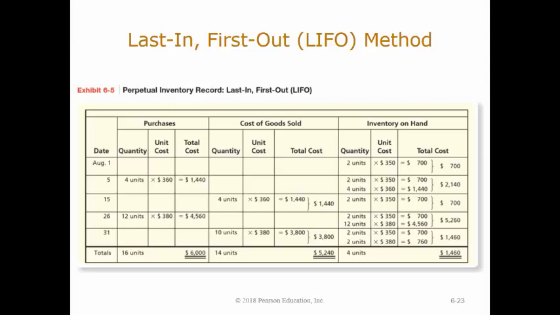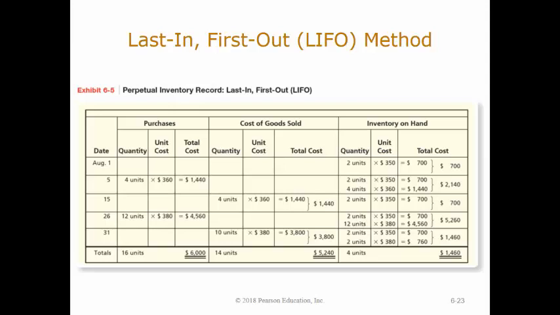The remaining 2 units in inventory are from the beginning inventory and are available, if needed, to be assigned to the next sale. On August 26, Smart Touch Learning purchases 12 units of inventory at a cost of $380 per unit. The sale on August 31 indicates 10 units were sold.